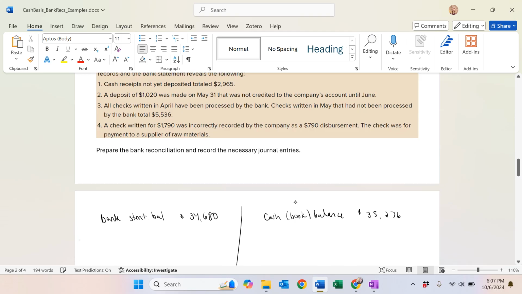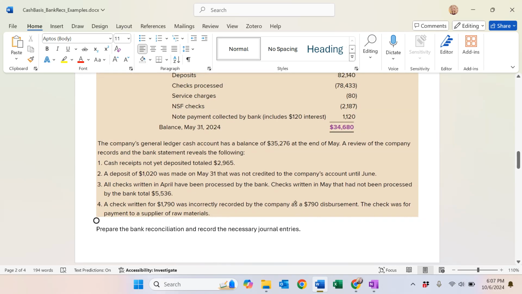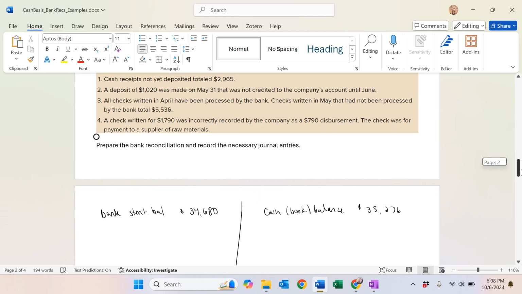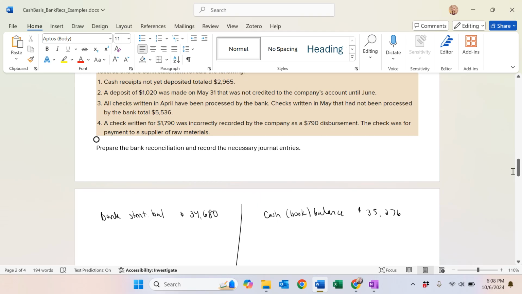All right, let's see. What do we need to adjust on the bank statement side? Cash receipts that were not yet deposited. So they weren't deposited in the bank. So $2,965 is not reflected in the bank statement balance. But this is cash that was received, so we can assume that it's included in the books. When you receive cash, the first thing you do is you update your checkbook, the check register, to make sure you can update your books.